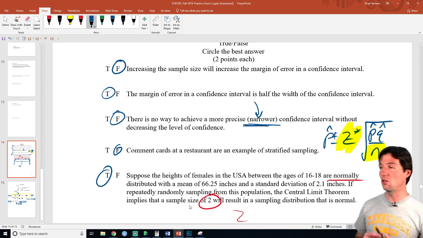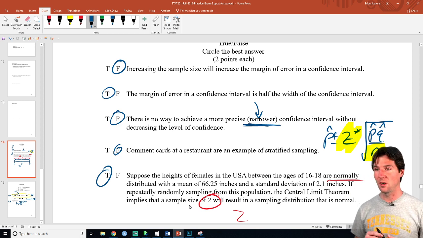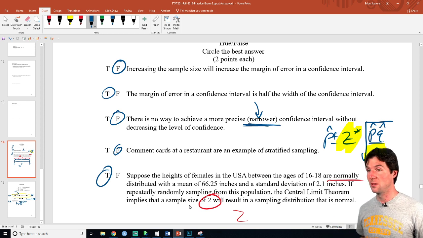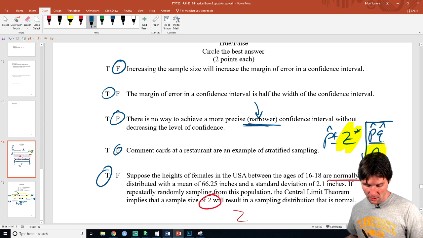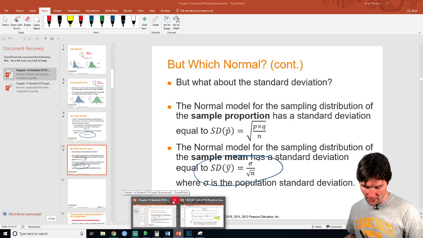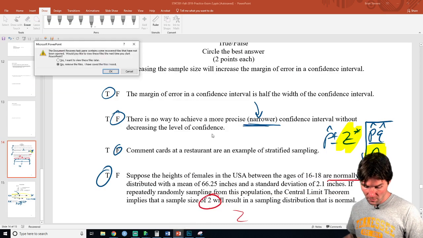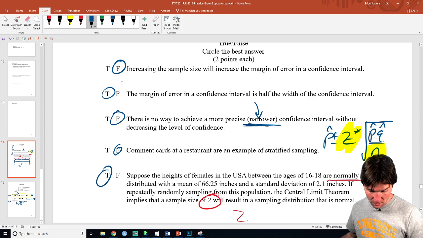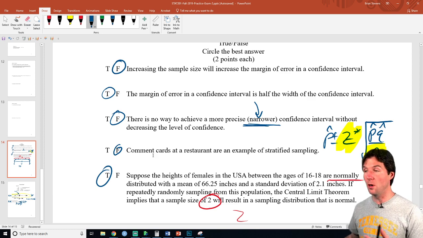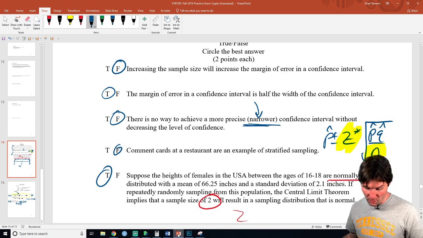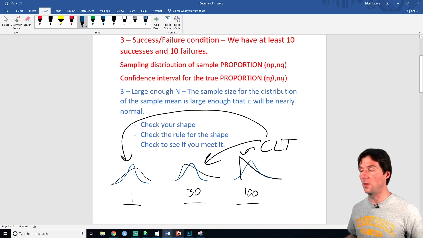So how is this distributed? You can see I've highlighted in my answer. This distribution is what? Normally. So since it's distributed normally, what is the rule for how much we need as a sample? If it's normal, we need 1.